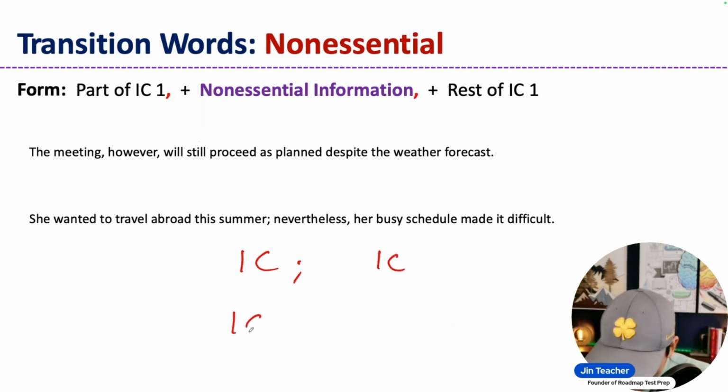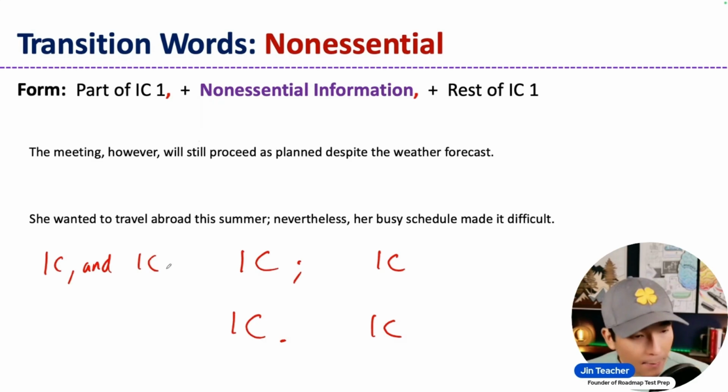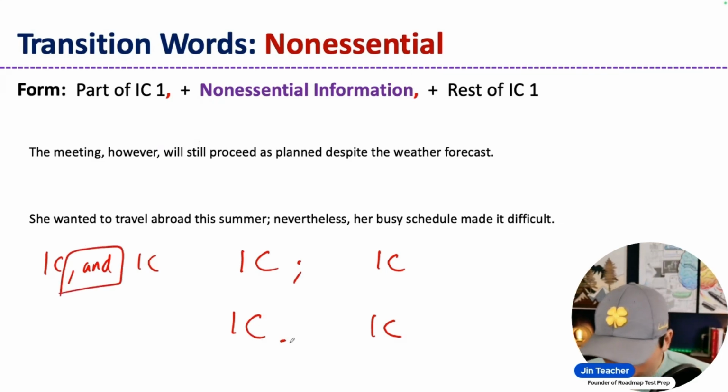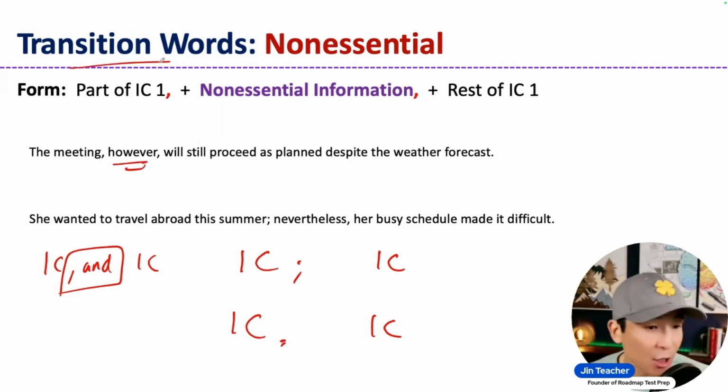We can use a period, or we can use a comma and a fanboys word. So a comma and a fanboys word can be used to separate 2 independent clauses, but we cannot use a comma and one of these transition words. You cannot use a comma and nevertheless, and comma to separate 2 independent clauses.